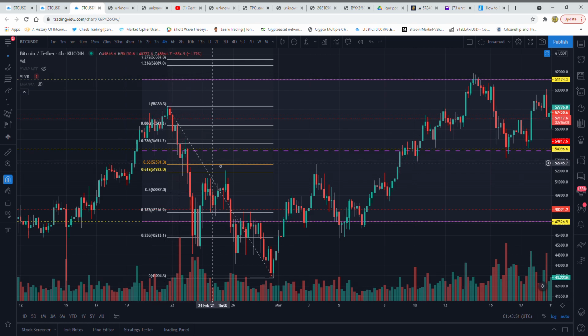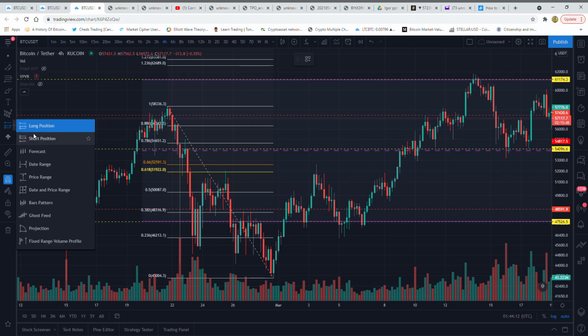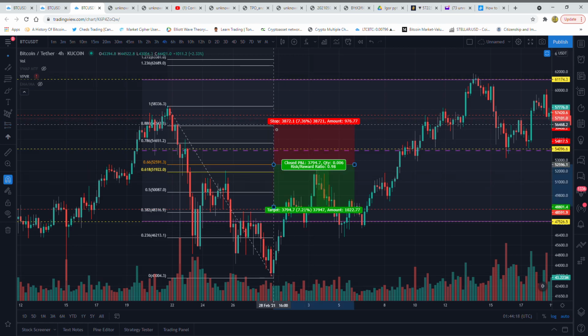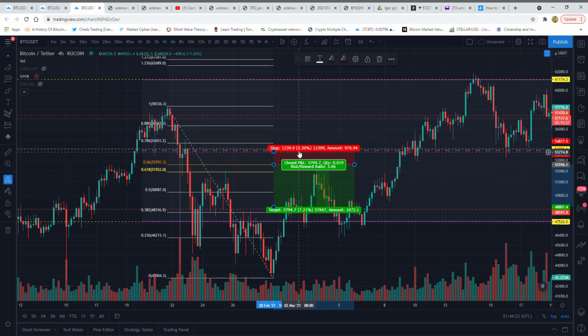So you put your orders here, and you put your stop loss a little higher than this level. You go to choose this position. You enter, let's say, at this level. This will be your stop loss.